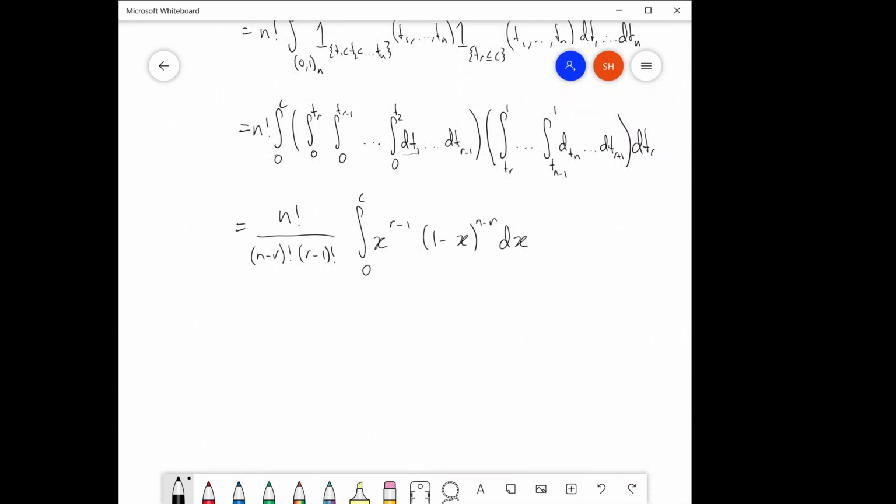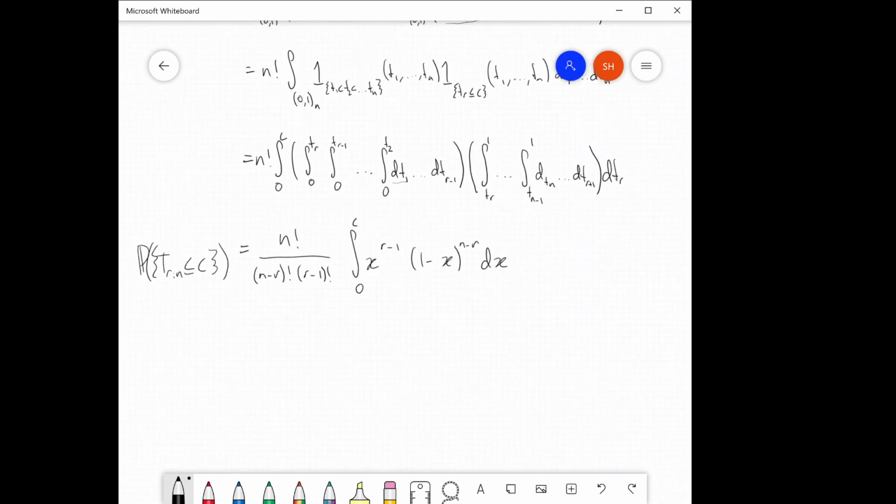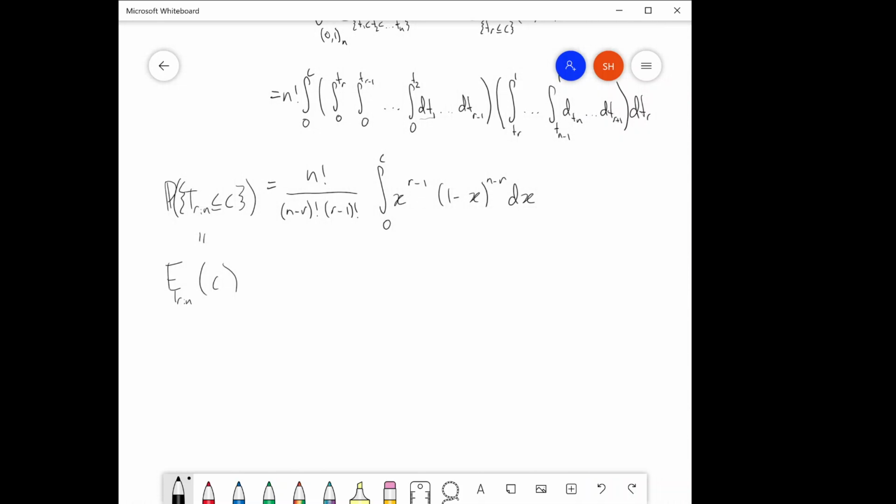And just to recall what we were calculating here, this was the push forward via t_rn less than or equal to c, which is exactly what we would want. So this should really be the cumulative distribution function of t_rn evaluated at c. So there we've pretty much finished the problem.